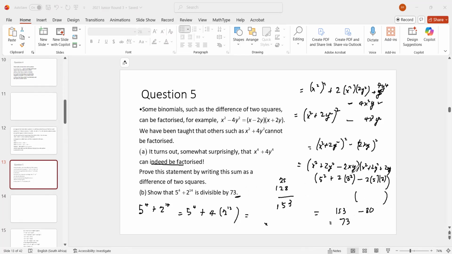Right? So you'll see the 73 is one factor, and the other factor is this one there, but you have to replace the x's and the y's there also, and you'll get the other factor.